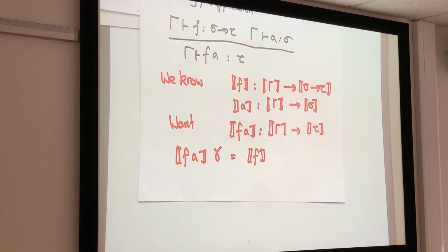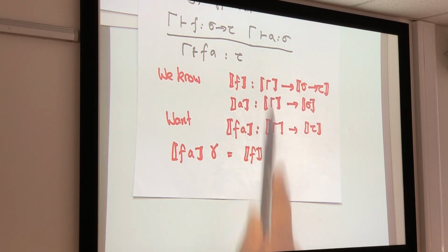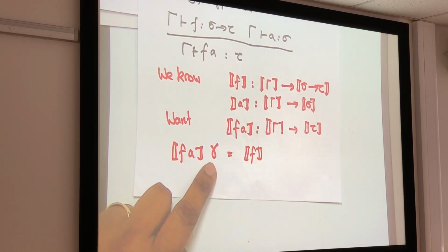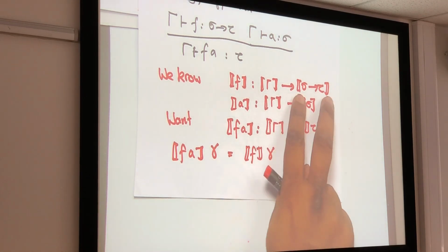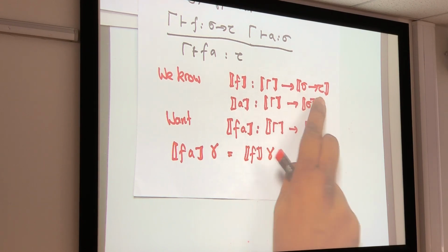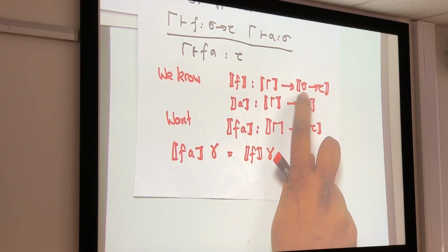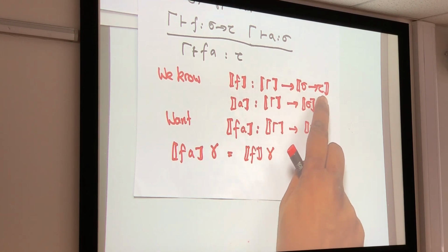You have some inputs. It's like a jigsaw puzzle. Certain things only fit in certain ways. I have to give you something in the interpretation of gamma. Oh, I've got something in the interpretation of gamma. Aren't I lucky? So then this thing lives in this set, which is a set of functions from the interpretation of sigma to the interpretation of tau. So if only I had something in the interpretation of sigma, I'll get something in here.